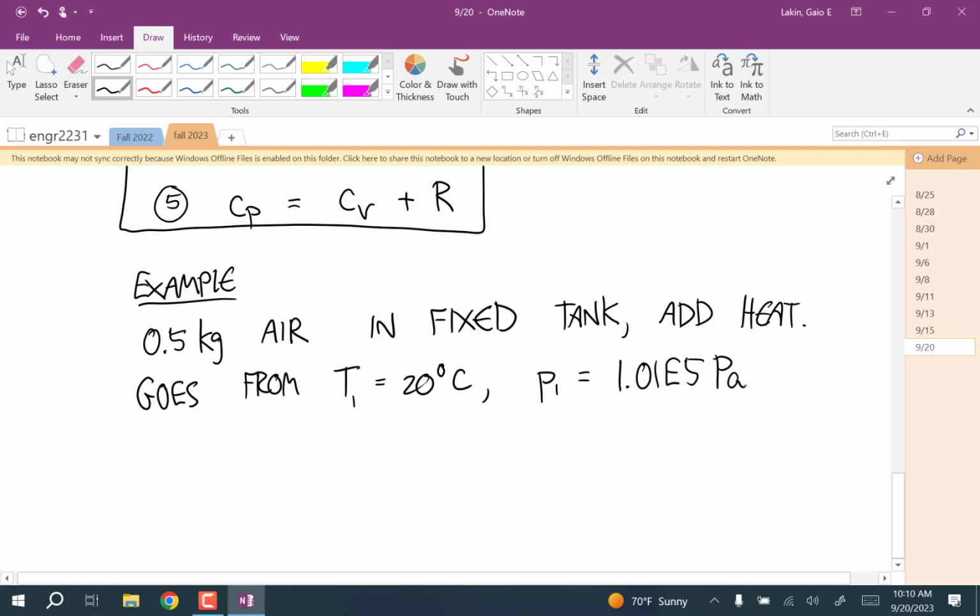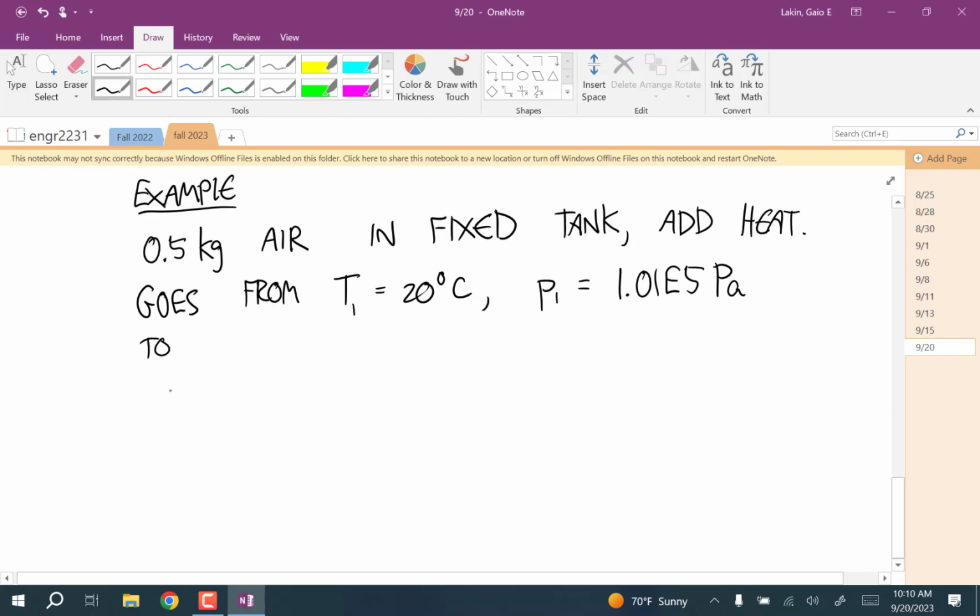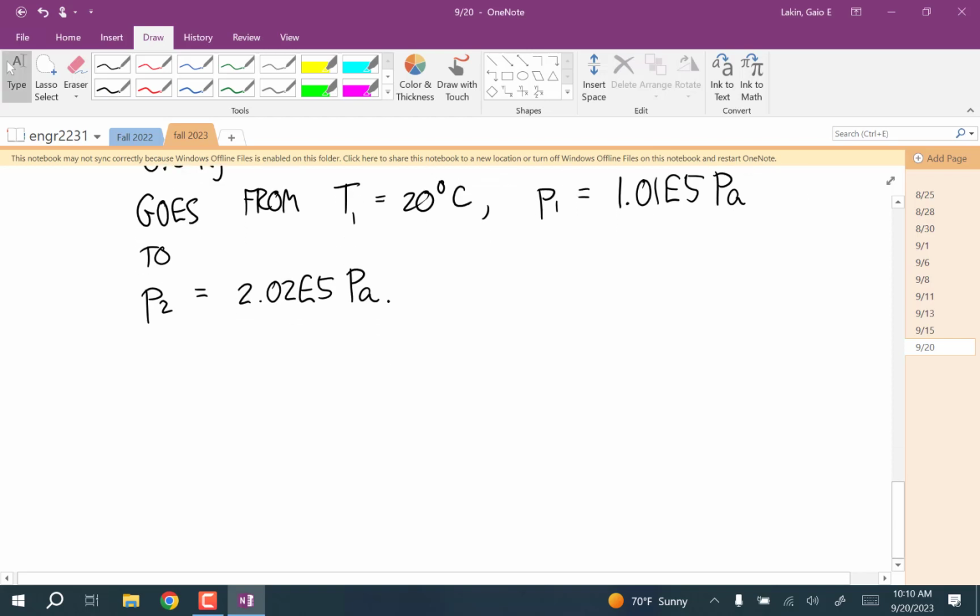That's just standard atmospheric pressure. To a pressure P2 of 2.02 times 10 to the 5th. So the pressure doubles. What's the temperature at that second state?